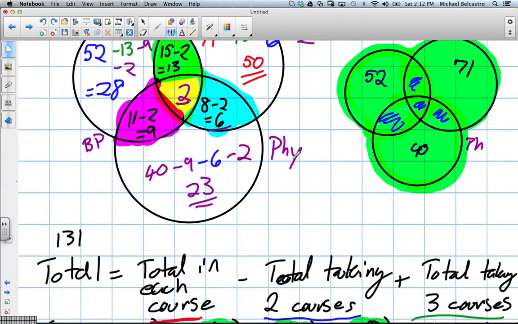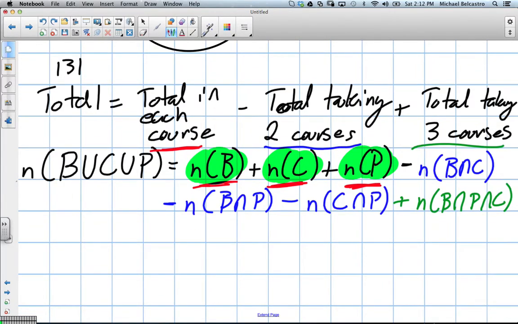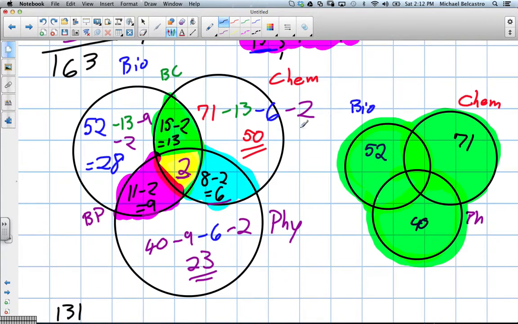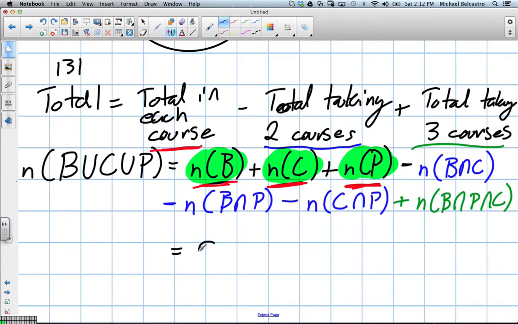So when we add them all together, I'm going to scroll down to the bottom and we'll insert some numbers here. Bio, we said, was 52, 71, 40. Okay. 52 plus 71 plus 40. That in itself is 163. There's only 140 people in the grade, so we know that number is way too high.